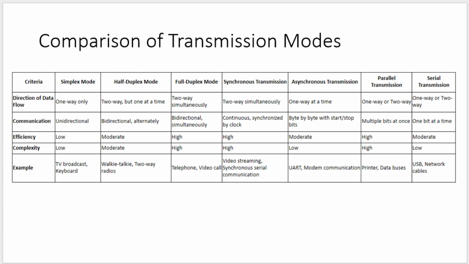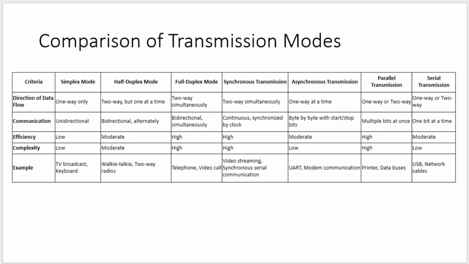So we come to the comparison of transmission. So here is the table. You can see the criteria, direction of data flow: for simplex is one way only, half-duplex two-way but one at a time, full-duplex two-way simultaneously.